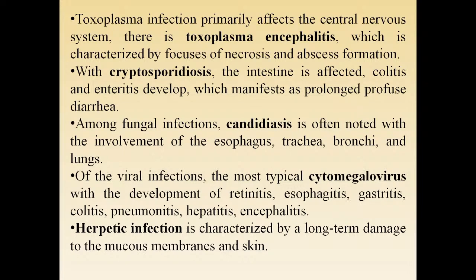Next, opportunistic infections: cryptosporidiosis. In this case the intestines are affected, with formation of colitis and enteritis, and clinical manifestation of profuse diarrhea. Candidosis, a fungal infection, has localizations in mucous membranes, esophagus, trachea, bronchi, and lungs.